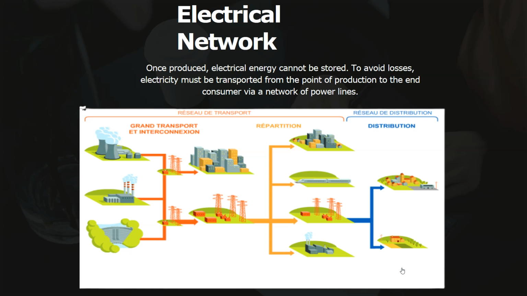So it must be transmitted from where it's produced to where it's consumed. That's why we have electrical networks: systems of power lines that transport energy from generation plants to users. The design of these networks aims to minimize losses and ensure stability.